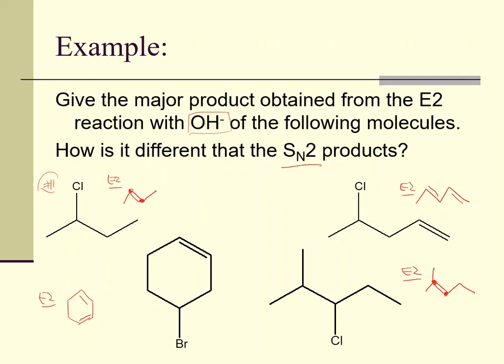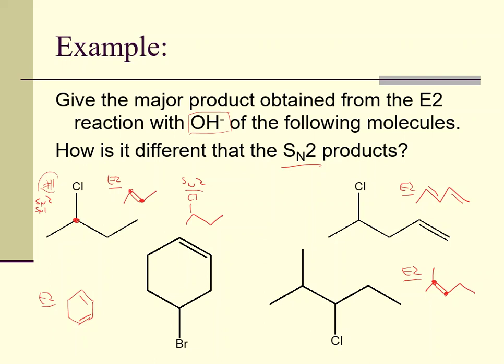Now, that's not all of the question, because it says, how would it be different than SN2 products? Okay, so let's kind of do that as an option, SN2 here. Again, I'm going to redraw. There we go. And this chlorine is attached to a carbon that is secondary. So we know SN2 or SN1 happens.